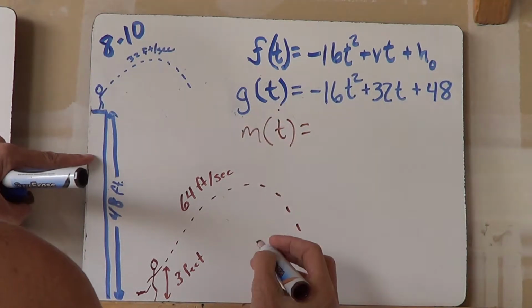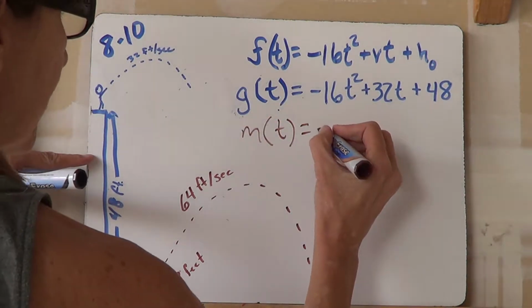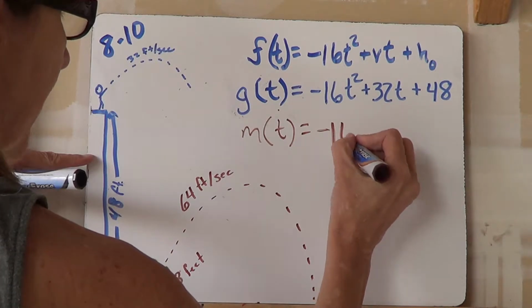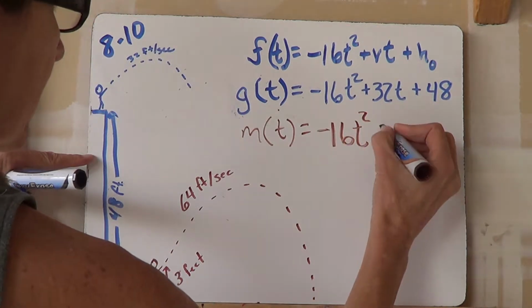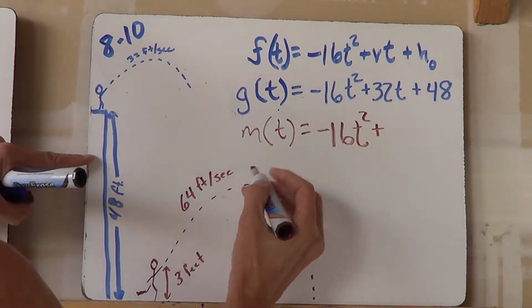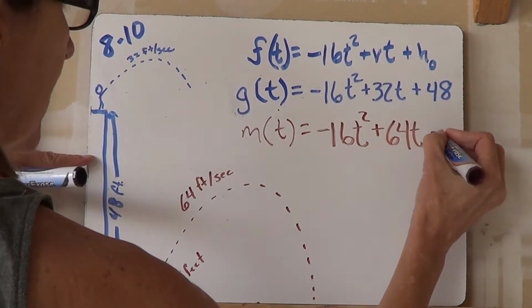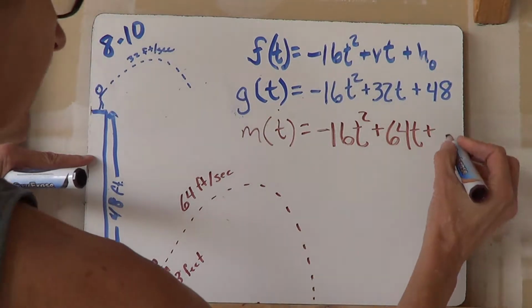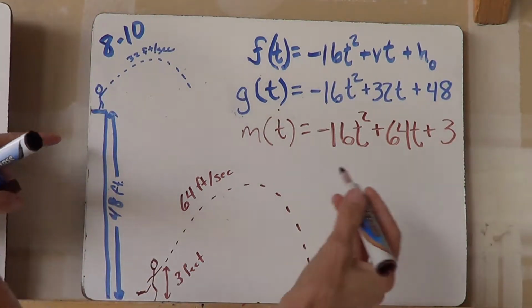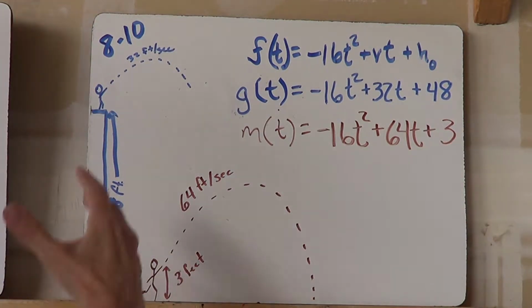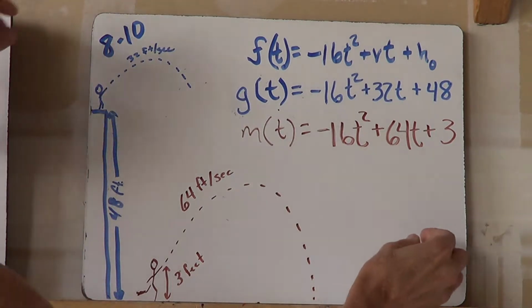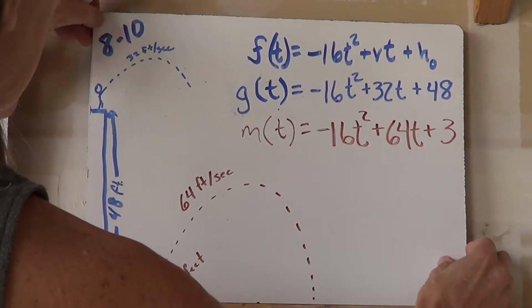That's why we always change that front letter. Okay, so we have a negative 16 for the gravitational force times the t squared, plus 64 feet per second, so it's 64t, plus 3. And that's how we would write the initial quadratic formula in order to solve for that scenario.